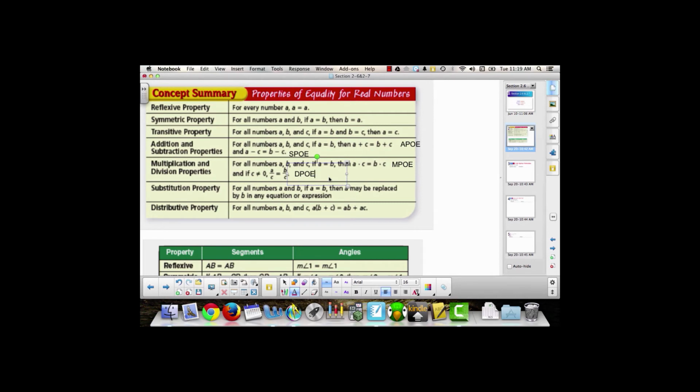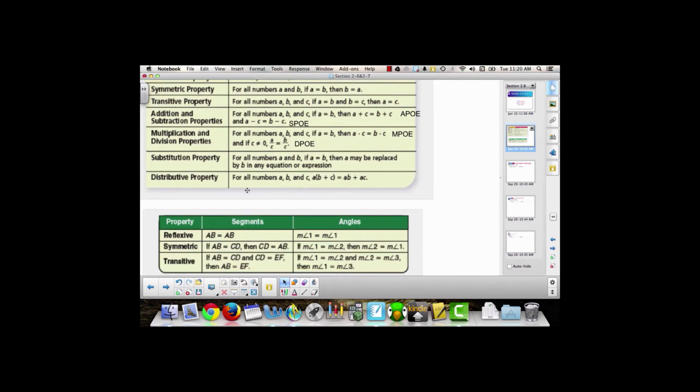The substitution property says that if two numbers are equal, you can replace one with the other. This also works for measurements in geometry, as measurements are numerical values. And we have the distributive property.